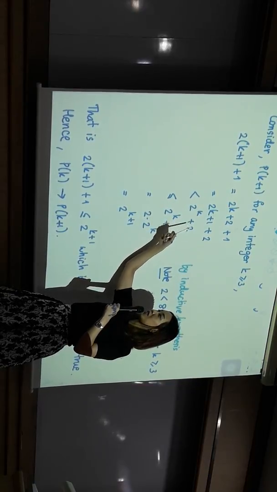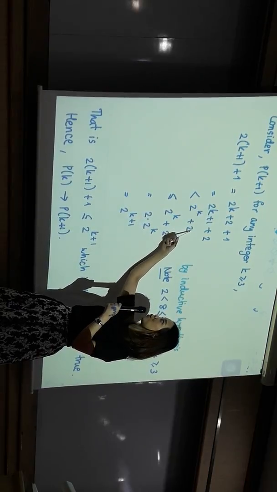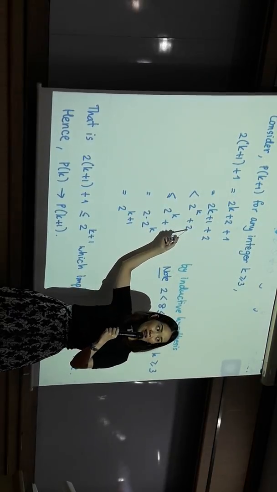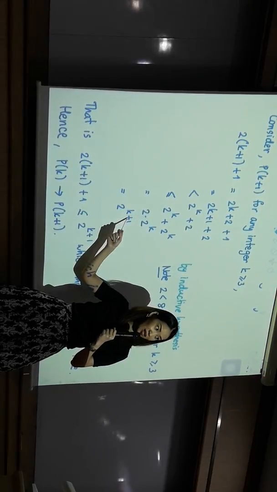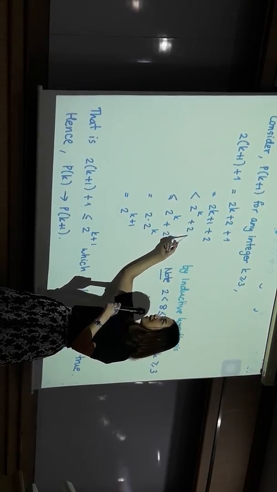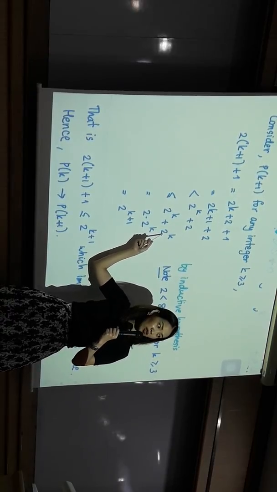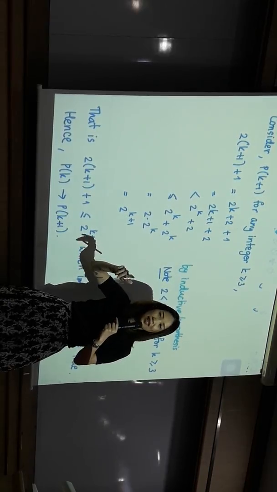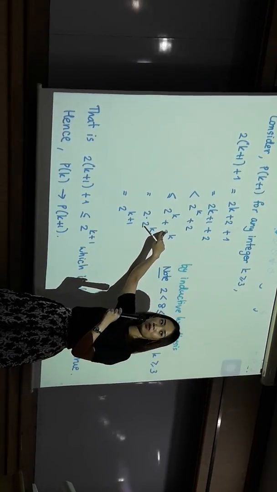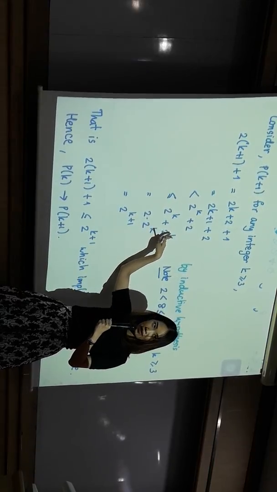And we want 2 to the power of k plus 1. So you know that if we have 2 to the power of k again, you will get to 2 to the power of k plus 1. Is that right? So that's why from 2, I need to change to 2 to the power of k. This is the way you should think. We want to change from 2 to 2 to the power of k. Can we do that? Yes, we can.